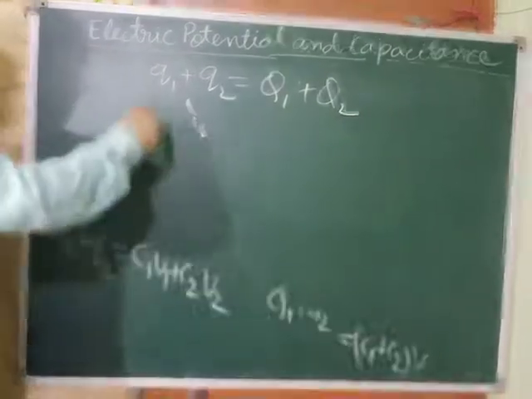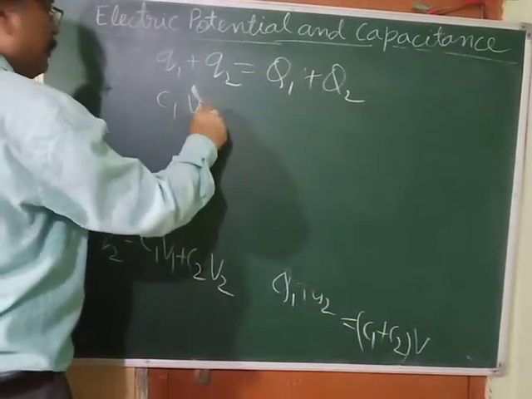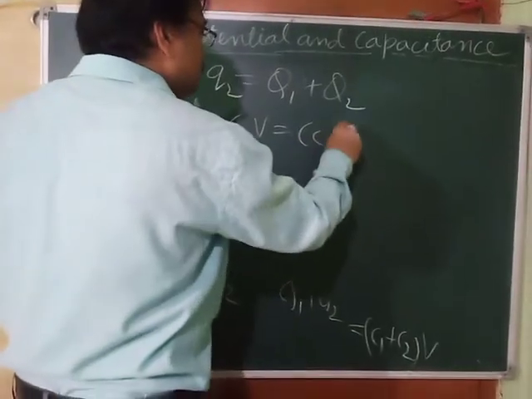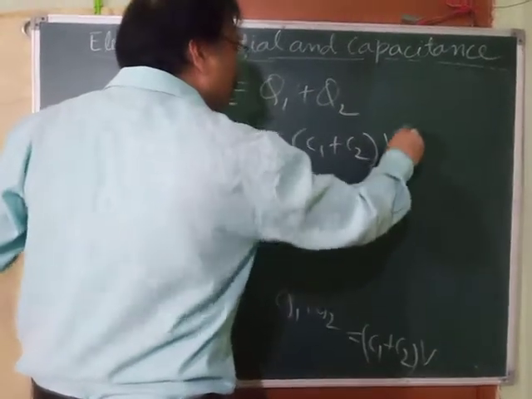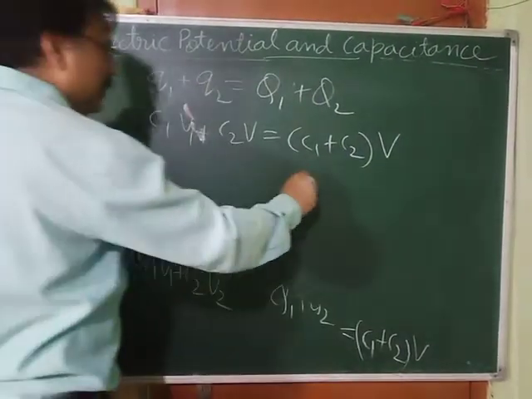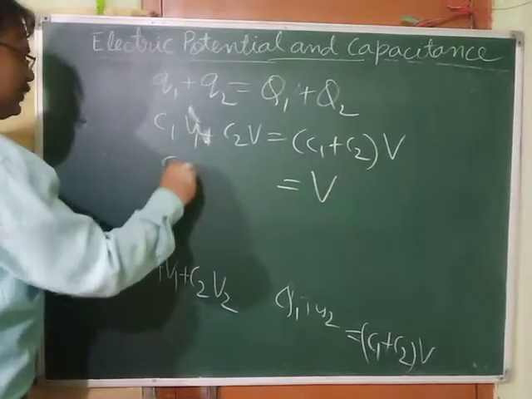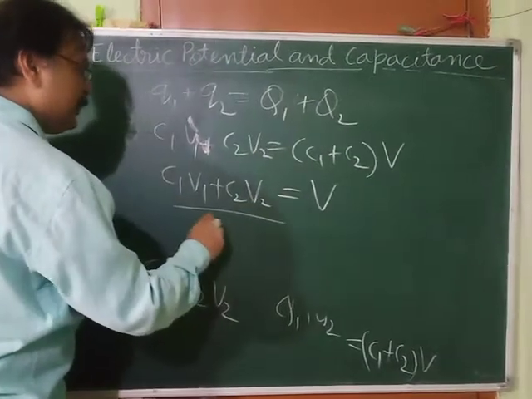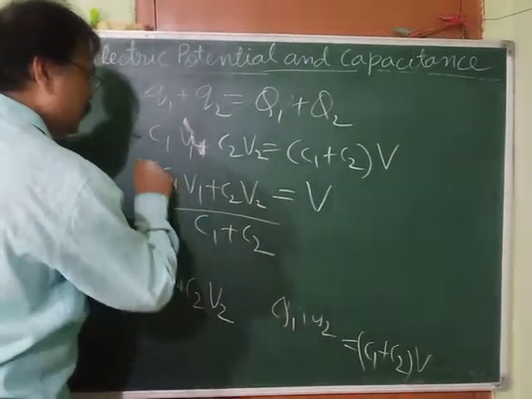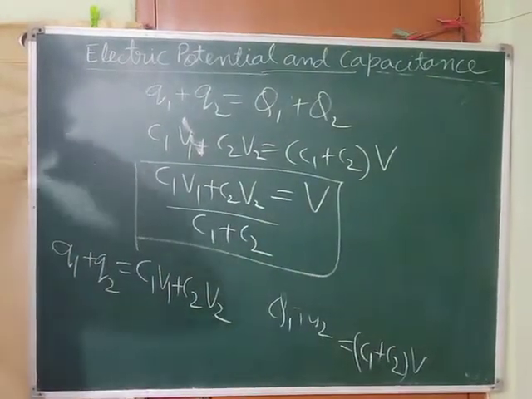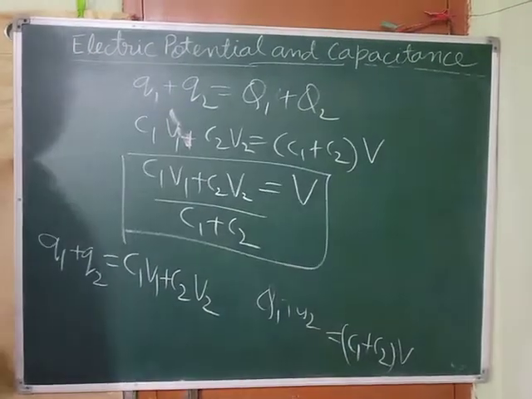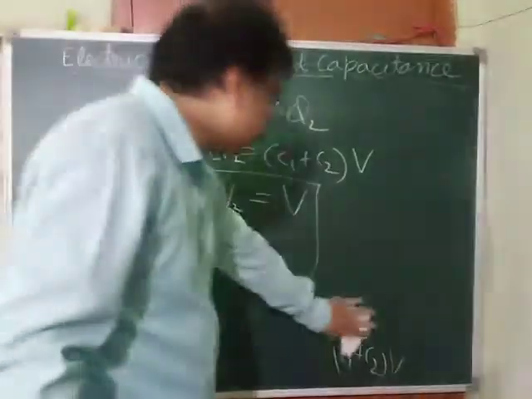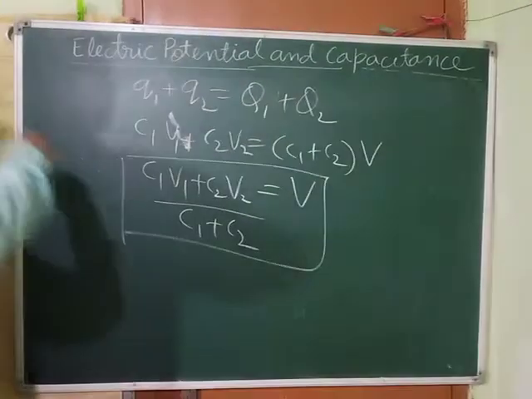The initial is C1V1 plus C2V2, and the final is (C1 plus C2) into V. Now, can we get the value of common potential? V equals C1V1 plus C2V2 divided by C1 plus C2. This is the expression for common potential. That is the first thing. The second thing is how the distribution of charges takes place between them. This very important expression we have got.